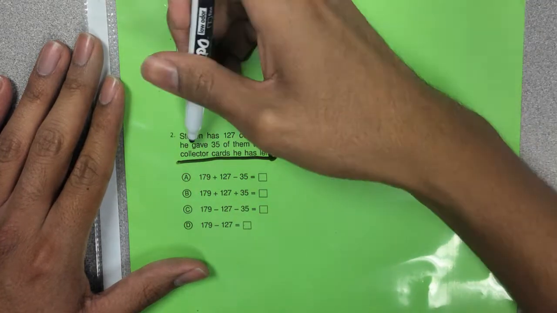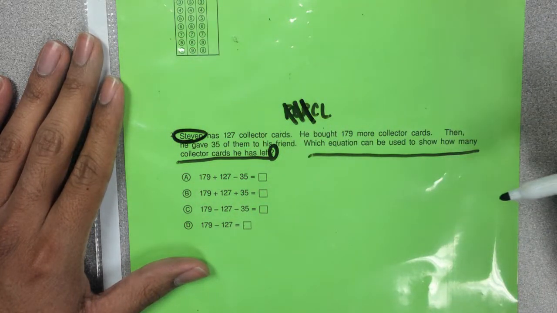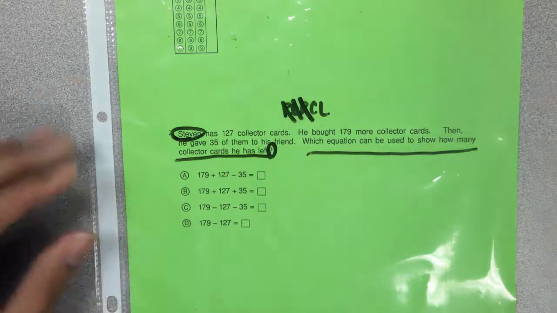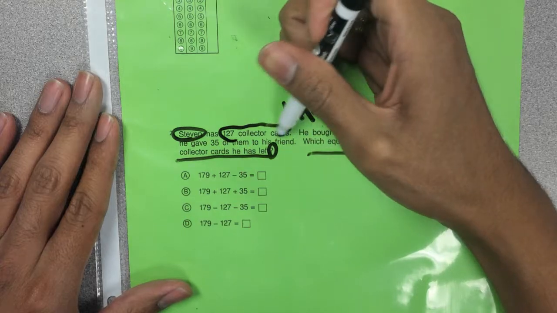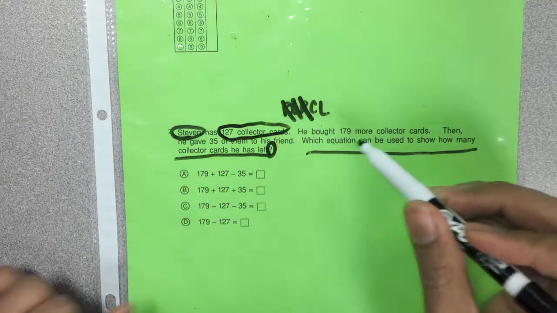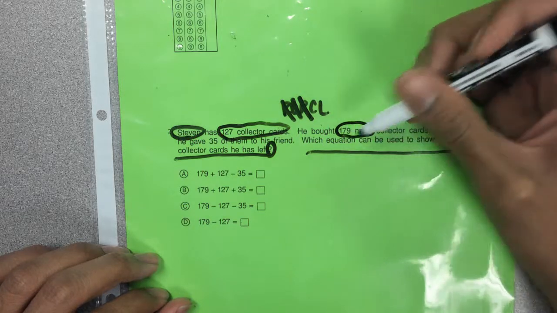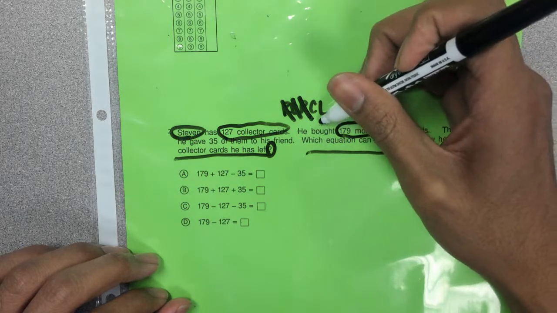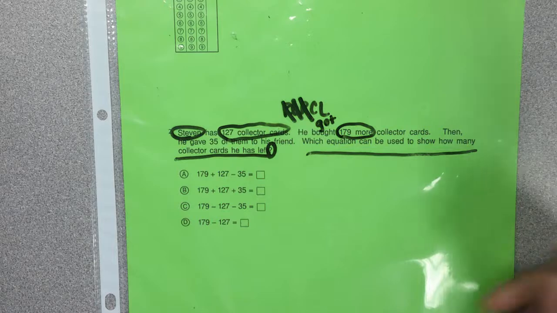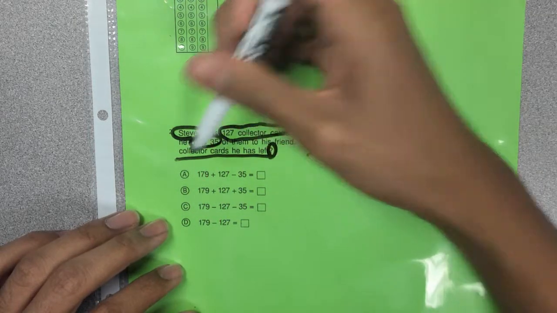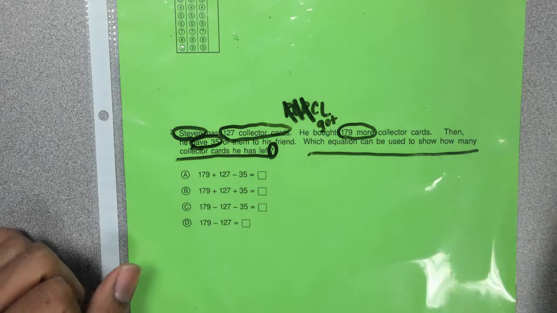So I know this problem is about Stephen. I know he has 127 of these collector cards. That's a lot of cards. And I know that he bought 179 more. Bought means got. Then he gave 35 of them to his friend.